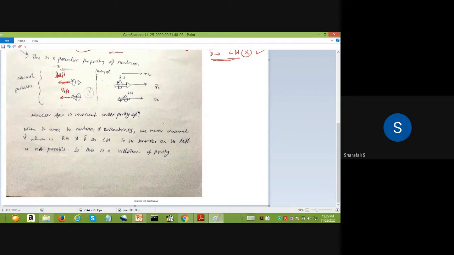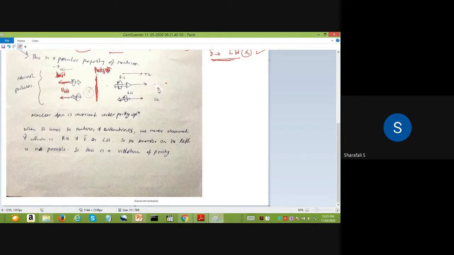So when we take the parity operation of these particular particles, let's say this is the parity operation, like a mirror. Okay, so you can have this kind of possibility. Let's now not consider this as neutrino and antineutrino.